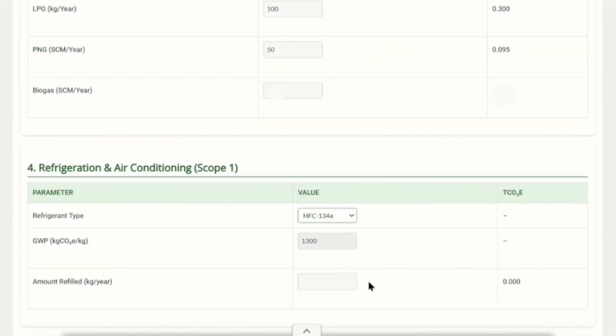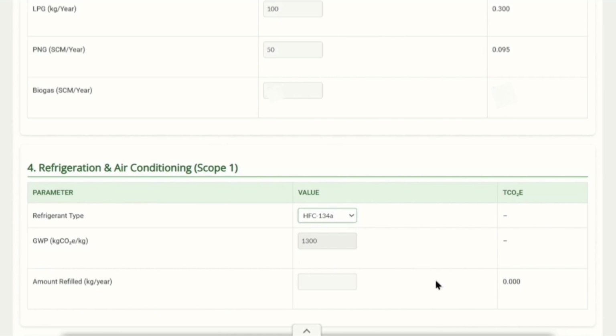Next focuses on direct emissions from refrigerant leakage, a major contributor to global warming. You select your refrigerant type from the drop-down; options include HFC 134A, R404A, R410A, R32, and custom. Each refrigerant has a specific GWP, global warming potential, measured in kg CO2e per kg.